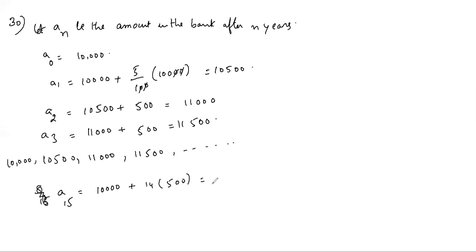So 14 into 500, 7,000. So the total is 17,000. Similarly, after 20 years, you have to find the 20th term, A20. So same, 10,000 plus 19 into 500. Total amount after 20 years.